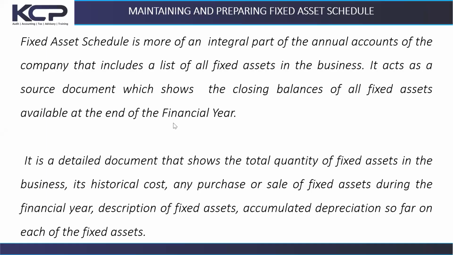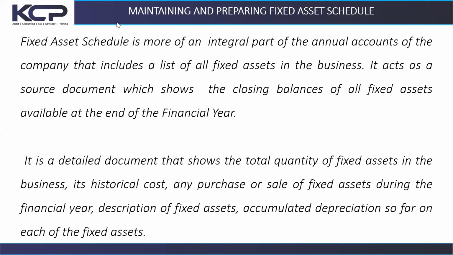So the fixed asset schedule is an integral part of the accounts of the company, just like I explained earlier, that includes a list of all the assets in the business. It acts as a source document which shows the closing balance of all fixed assets available at the end of the financial year.